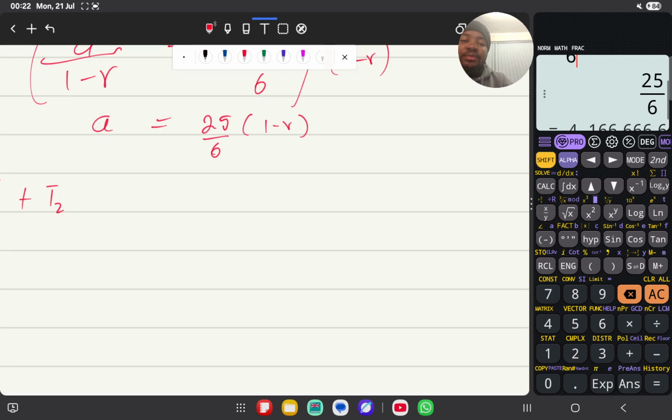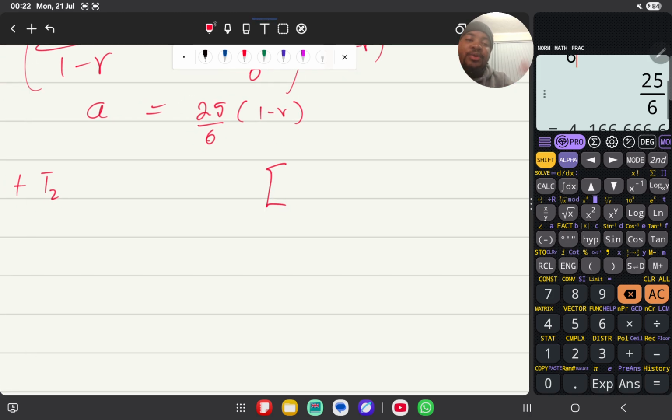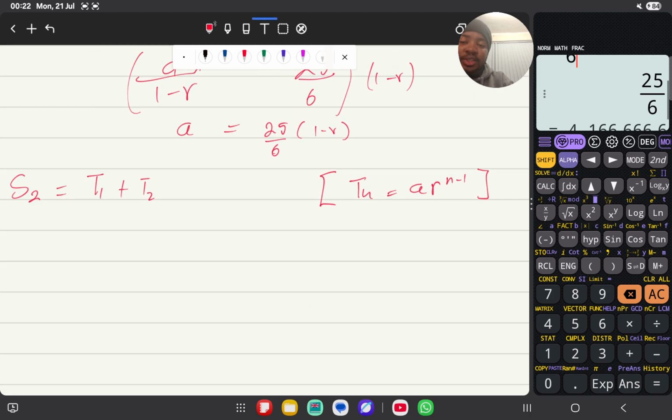Now when we're talking about a geometric series, remember we have Tn equals a multiplied by r to the power of n minus 1, right? That's the formula we use. So for T1, we substitute 1, and say a r to the power of 1 minus 1, which is 1 minus 1 becomes 0. Anything to the power of 0 is 1, so you have a.